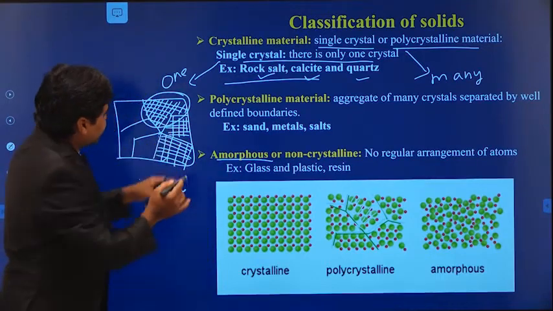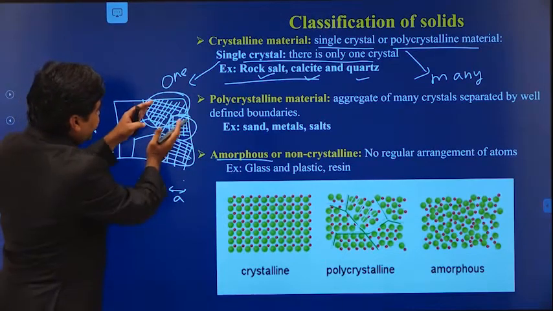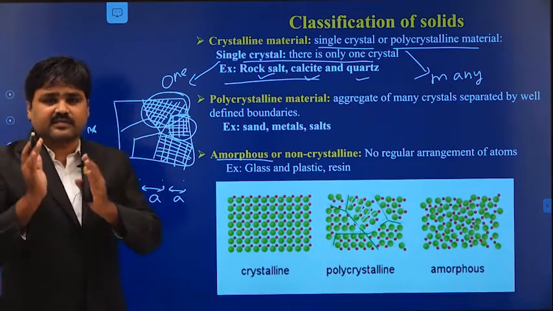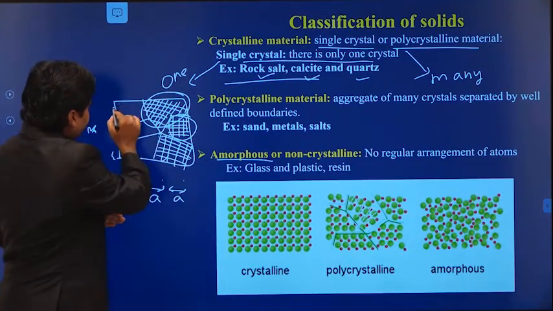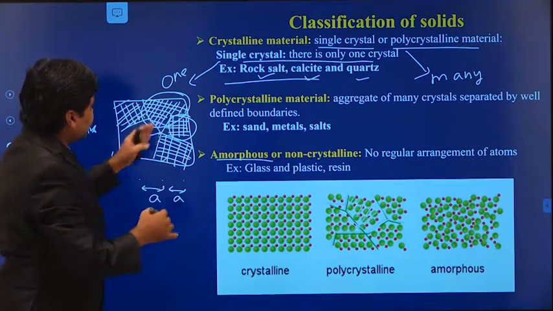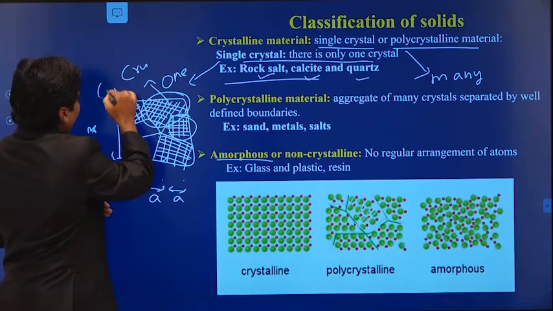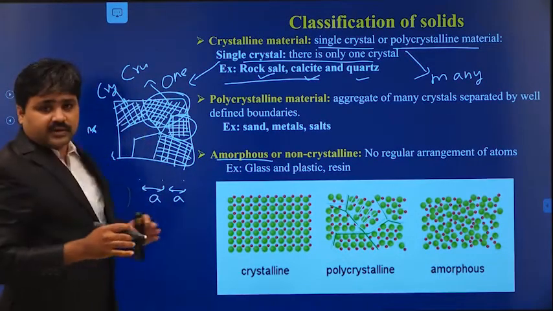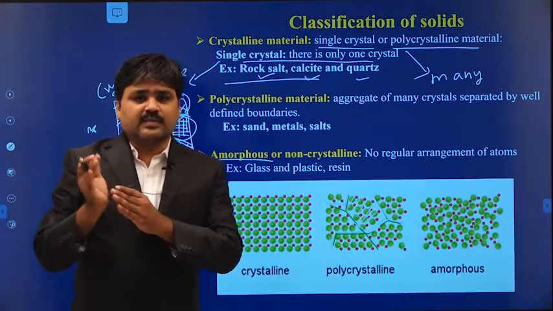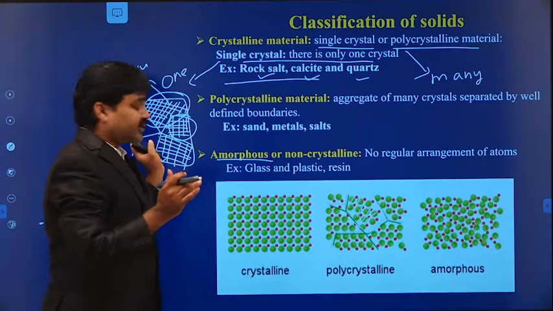Within this grain also there is a regular and periodic arrangement of the atoms, but the grains are not connected with each other. They are separated by grain boundaries. So this is one crystal, this is another crystal, and this is another crystal. Poly means many, so polycrystalline means many crystallites, but they are not connected with each other.